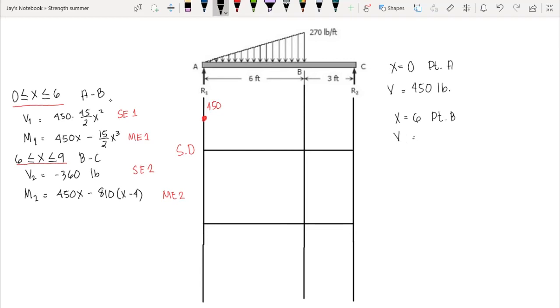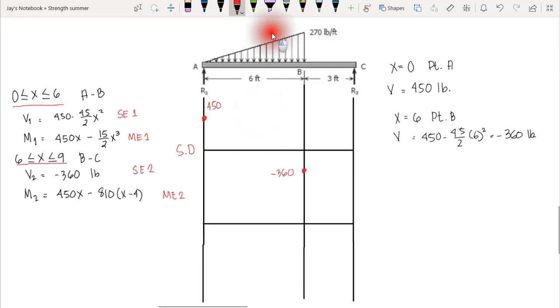We substitute 6 as the value of x, and our answer would be 450 minus 45 over 2 times 6 squared, which is equal to negative 360 pounds. Since it is negative, we go below the axis in our shear diagram. So we have negative 360.